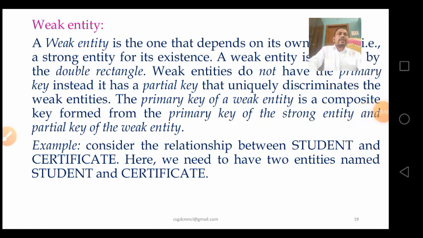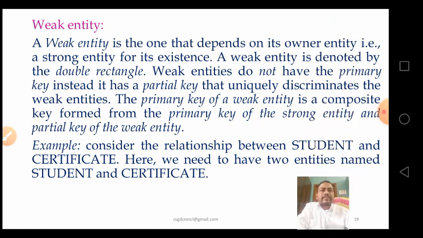Next, another one is weak entity. A weak entity is the one that depends on its owner entity. Depends on its owner entity is weak entity.